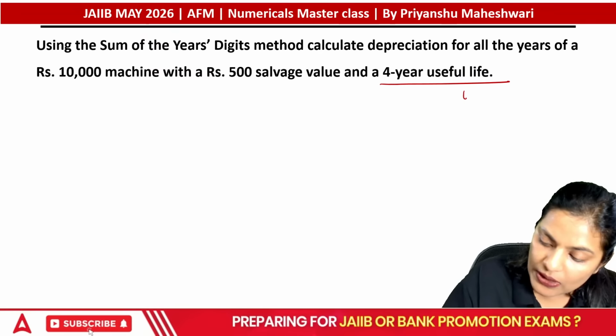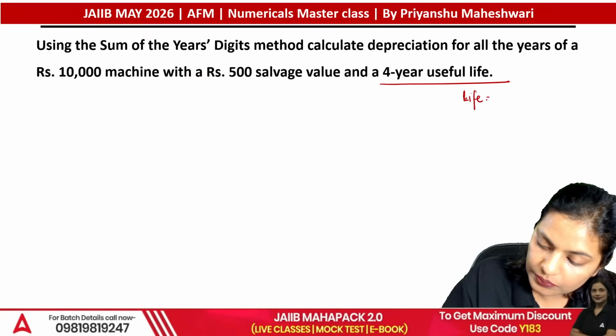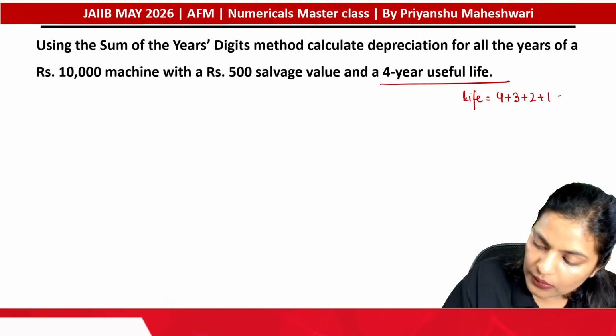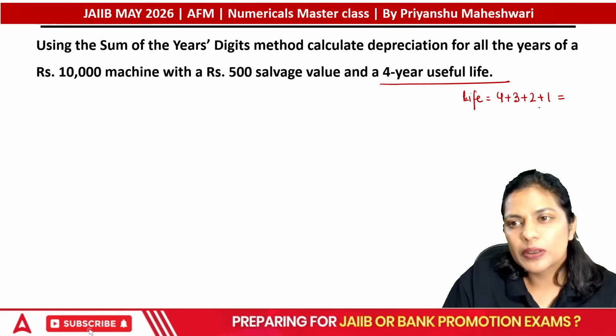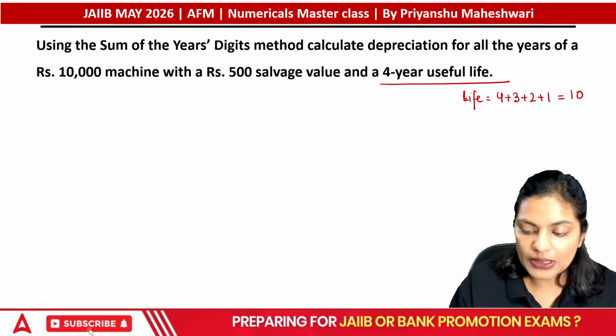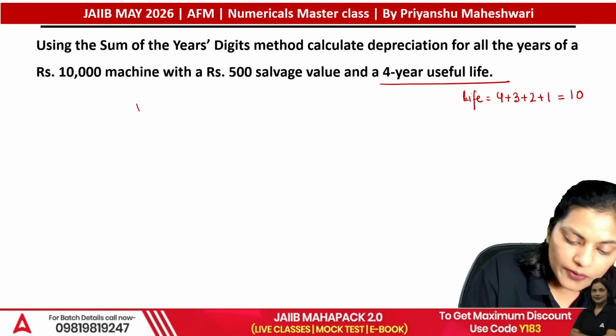Now, the life of the asset is 4 plus 3 plus 2 plus 1. How much it would be? 10, correct?